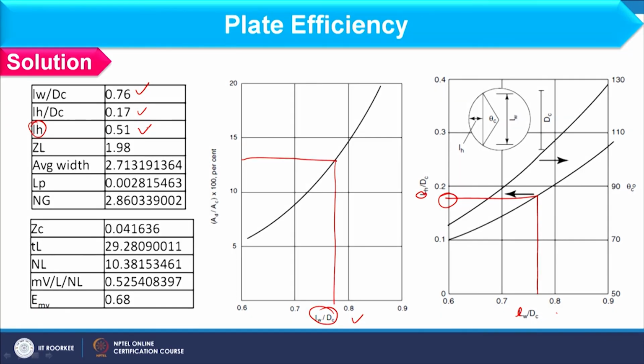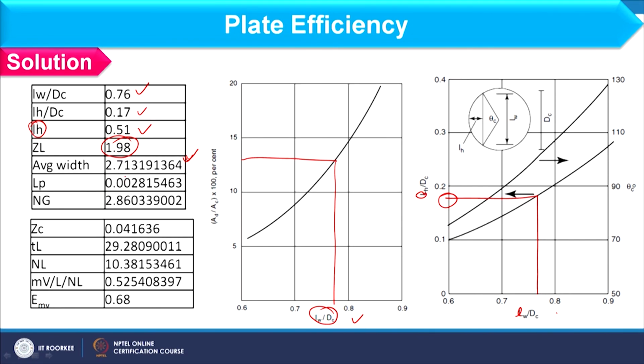Average width you can calculate by dividing the active area by this ZL value. And the ZL value you can obtain considering LH as well as column diameter, as we have discussed in the previous example. So, this average width you can find out, which is coming out as 2.7. I am not going into detail of the active area calculation, that I have already covered in the last example.